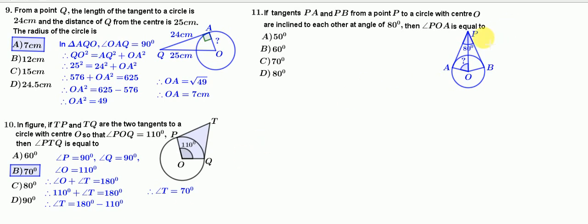Here PA and PB are tangents to the circle and angle APB is equal to 80 degrees.